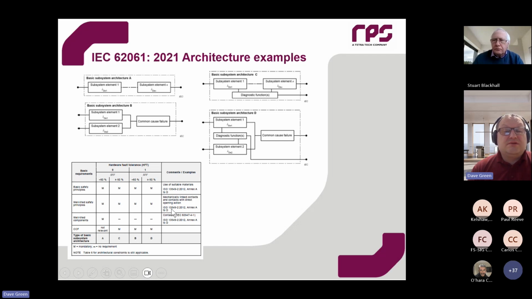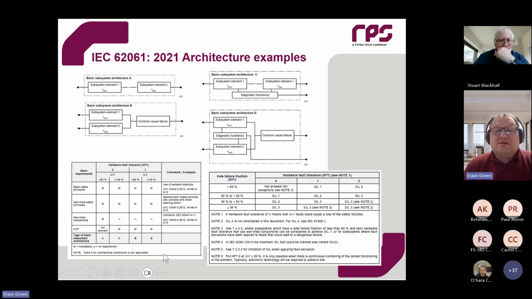It is referring out to 13849-2 2012. That has not yet been updated, and at some point it will be merged completely with 13849 Part 1. But at the moment, it's giving you references to go and look there to work out what these components look like and these principles.